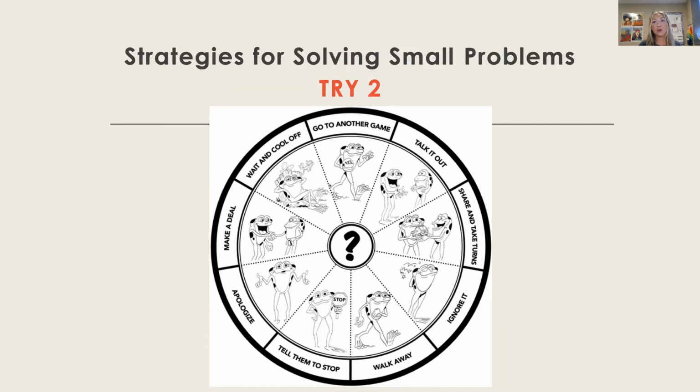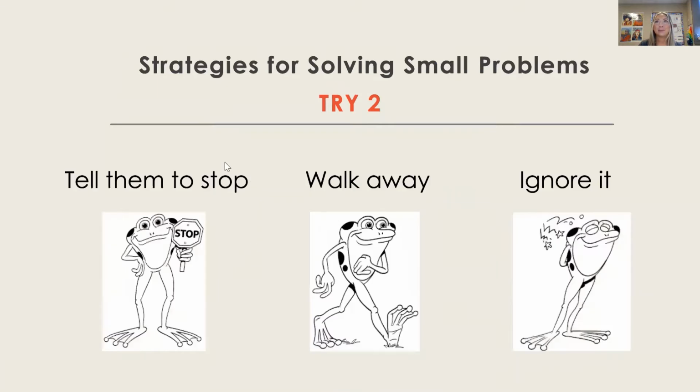But today, I just want to show you all of them so you can see all of the different options for solving a problem. So our first one, wait and cool off, go to another game, talk it out, share and take turns, ignore it, walk away, tell them to stop, apologize, and make a deal.